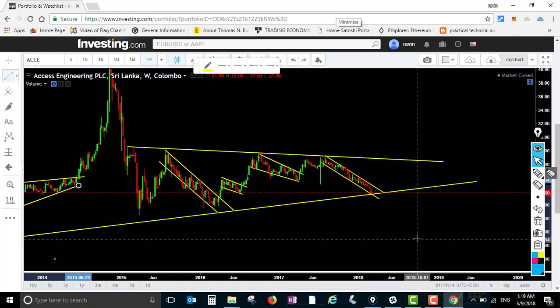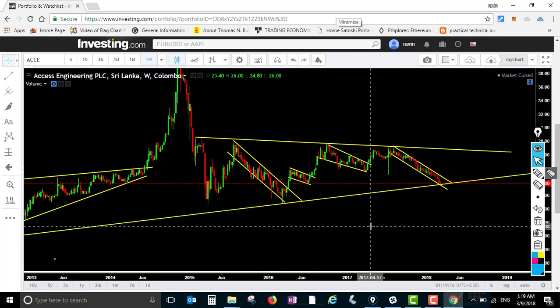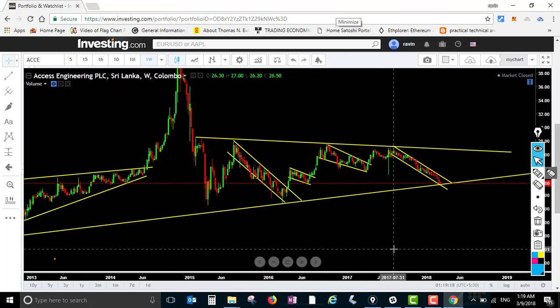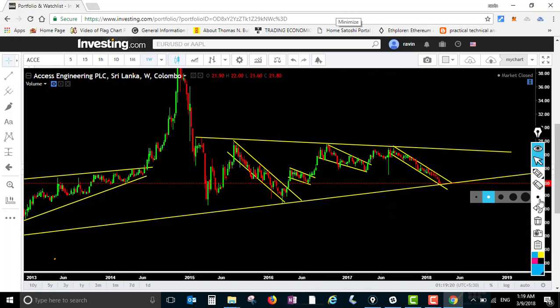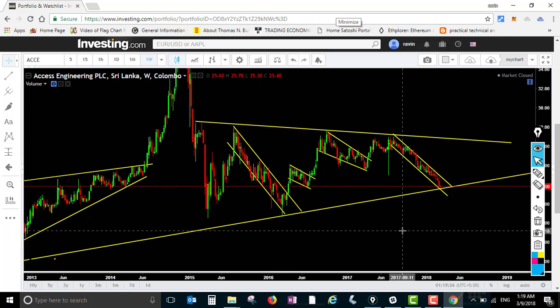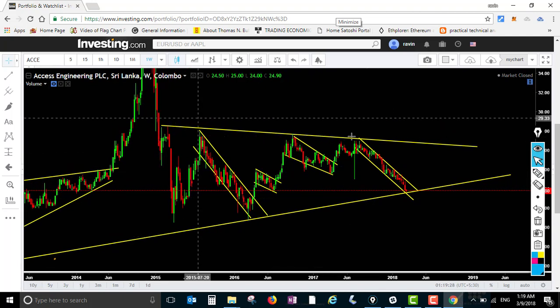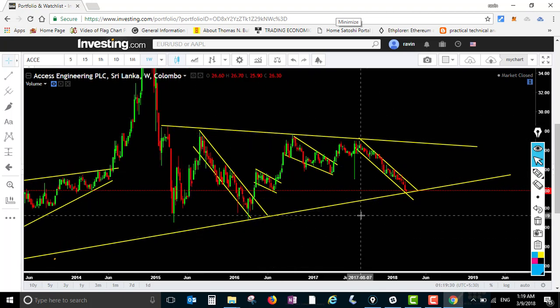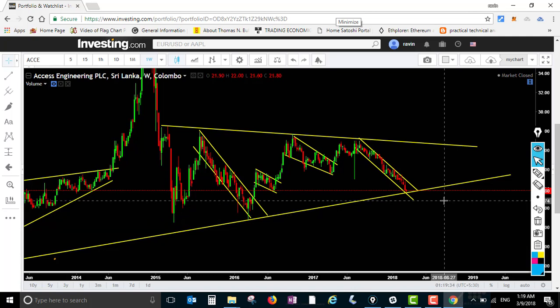Now if you go here, in this triangle-kind-of channel, the price is behaving. So how do we find the reversal point, or at least how do we grab it?